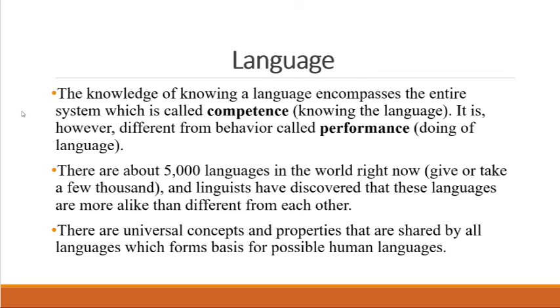There are certain things that are common in all the languages. We are going to discuss them in the third section of this unit. The next section is related to the theories of the origin of the language, that is, how the language originated. So that is all for the first section.